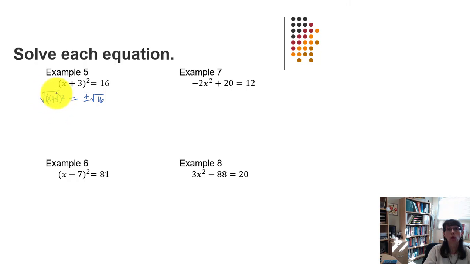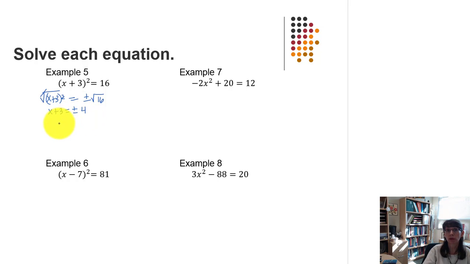When you take the square root of a perfect square, those are opposite operations, and therefore the radicand will be released from the radical. So that leaves x plus 3 is equal to plus or minus the square root of 16. And since the square root of 16 is 4, we have our quantity equal to plus or minus 4.